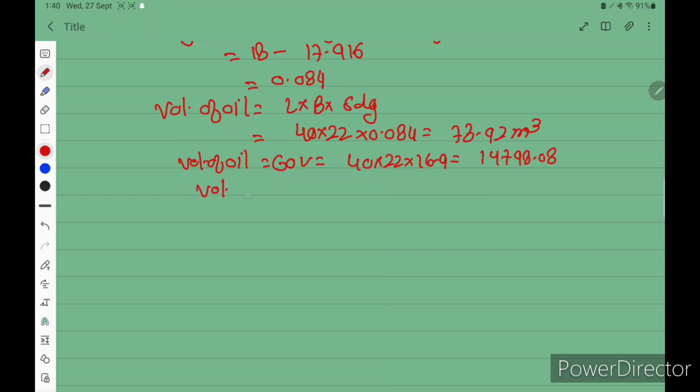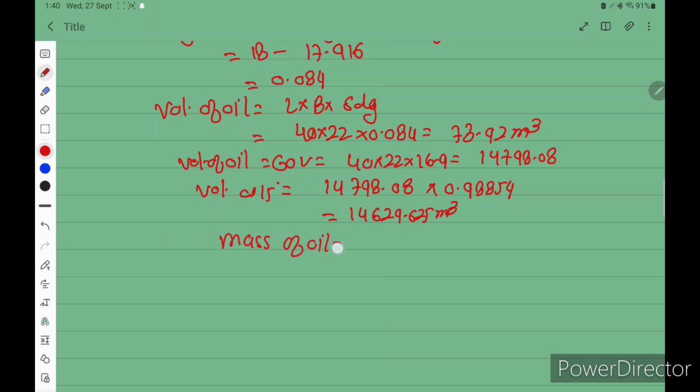Okay, volume of oil at 15 degrees centigrade, so 14798.08 into 0.98854 is equal to 14629.625 meter cube. So mass of oil is equal to 14629.625 into weight reduction factor.